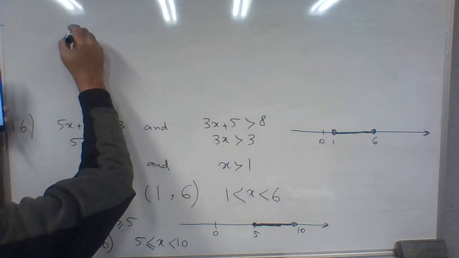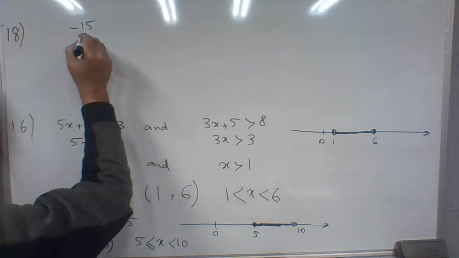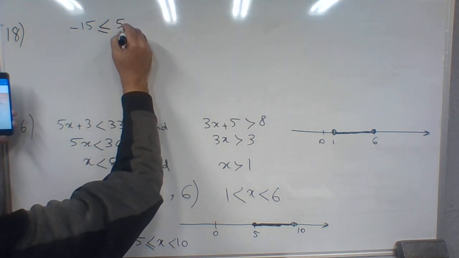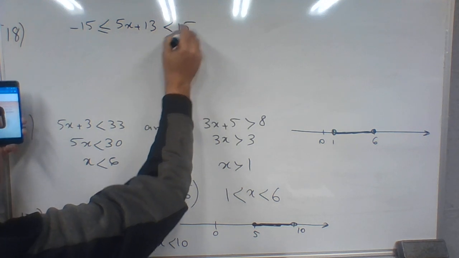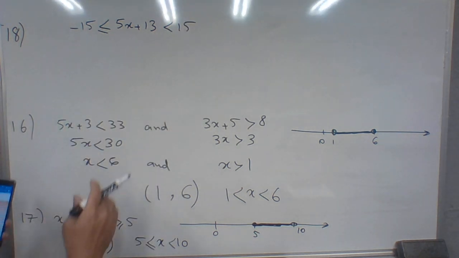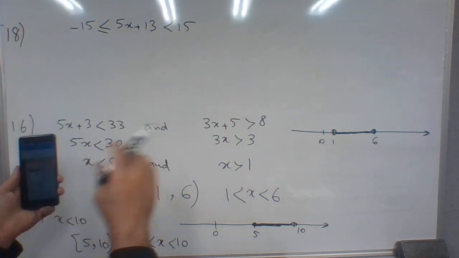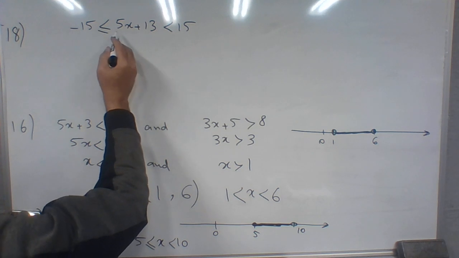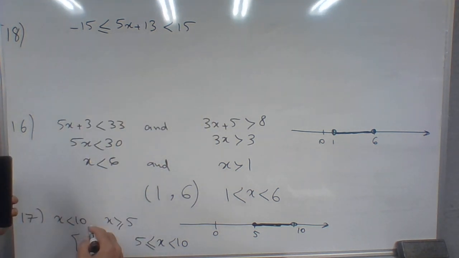It is minus 15. This is number 18. Minus 15 less than or equal to 5x plus 13 less than 15. Okay. We need to somehow separate variable and numbers. So if we can get rid of 13, 5x is just a variable multiplied by a coefficient.